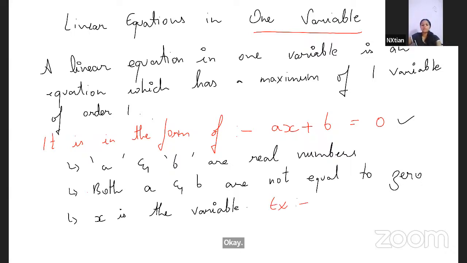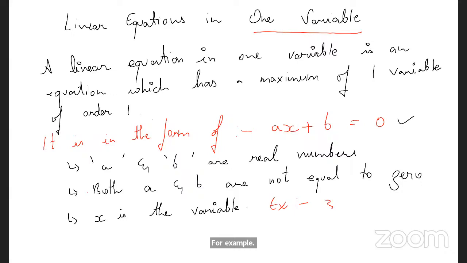For example, 3x equals 1. Now 3 and 1 are real numbers, and x is the variable.